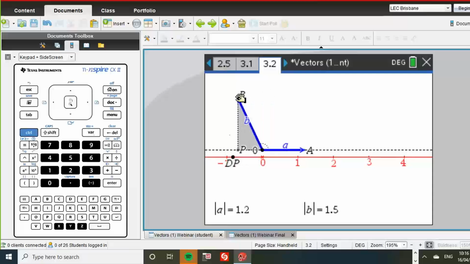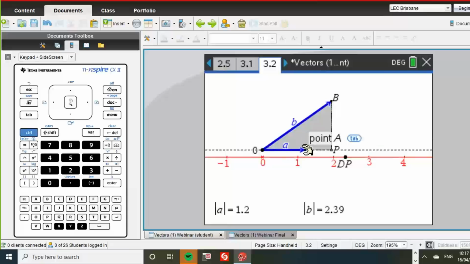Moving it out here, what you'll notice is the value of the dot product becomes negative. So when the angle between the two vectors is obtuse, the value of the dot product is negative. So that's a nice geometric demonstration of the dot product.